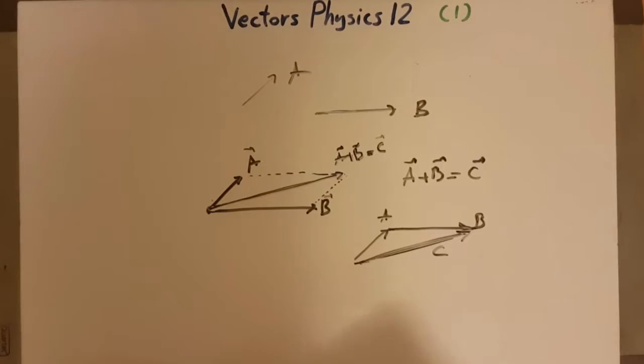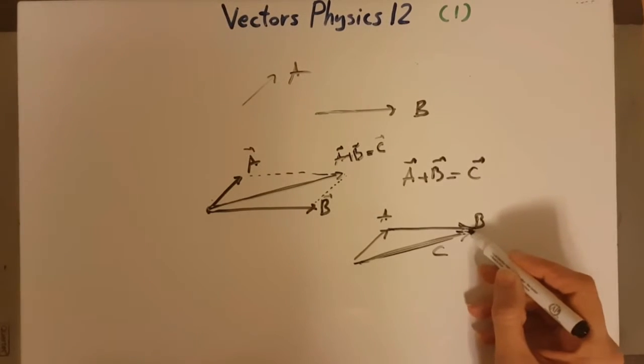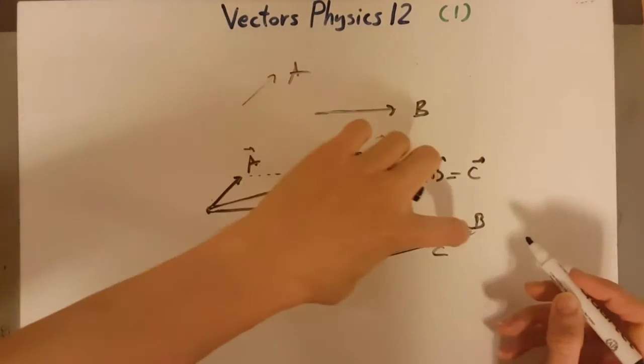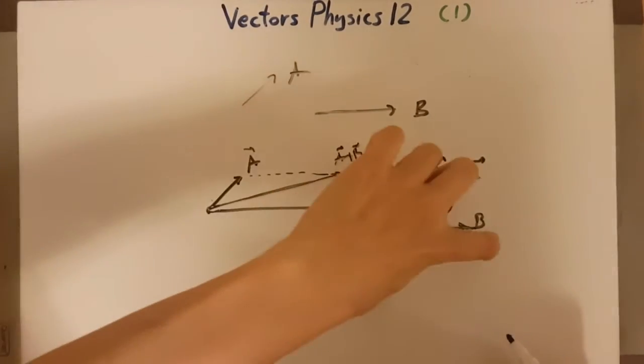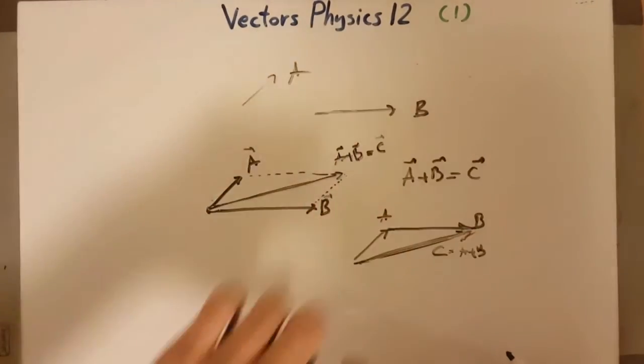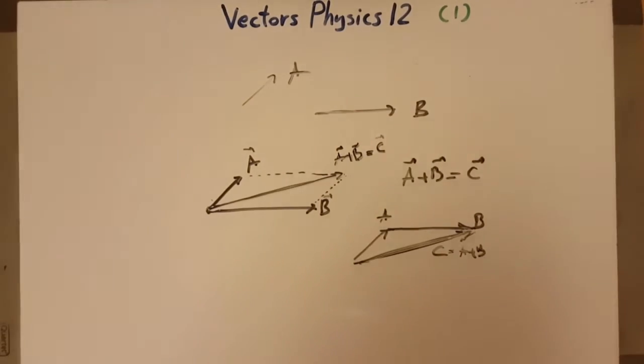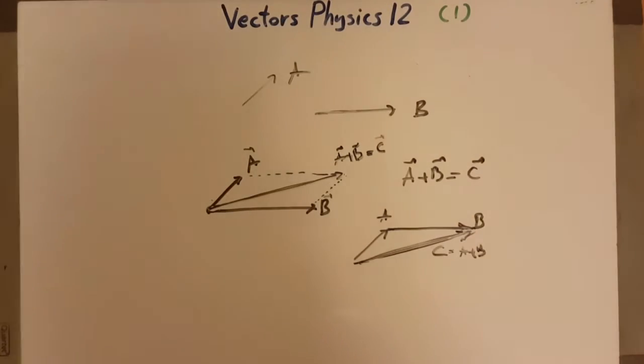This is C, which is exactly the same as this C, which is A plus B. So they are exactly equivalent. The result is the same, but this is called the triangle way, and this is called the parallelogram way.